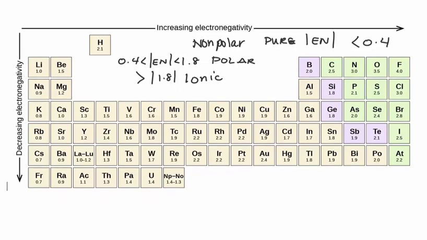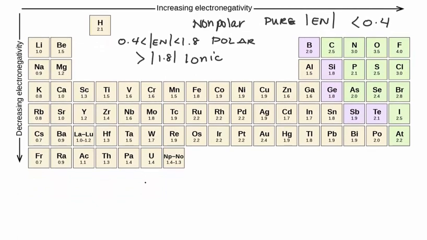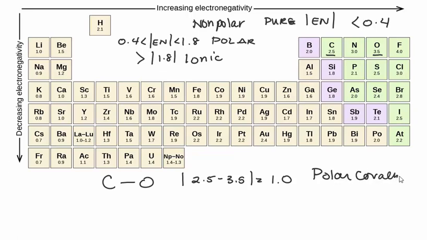So when we have a bond like the bond between carbon and oxygen, carbon's electronegativity is 2.5 and oxygen's is 3.5. So the absolute value of the difference between 2.5 and 3.5 is 1. So that lands squarely in the polar covalent bond. Now, when we show a polar covalent bond, we can draw what's called a dipole moment.